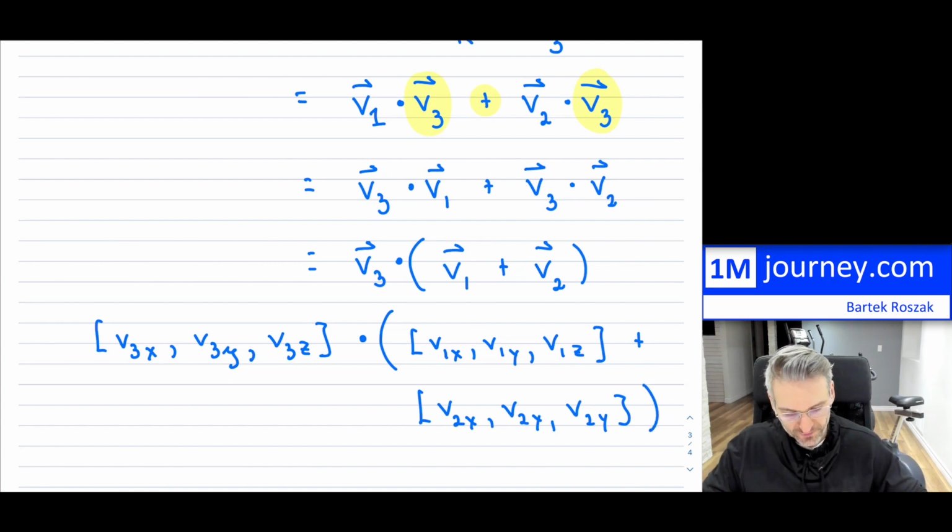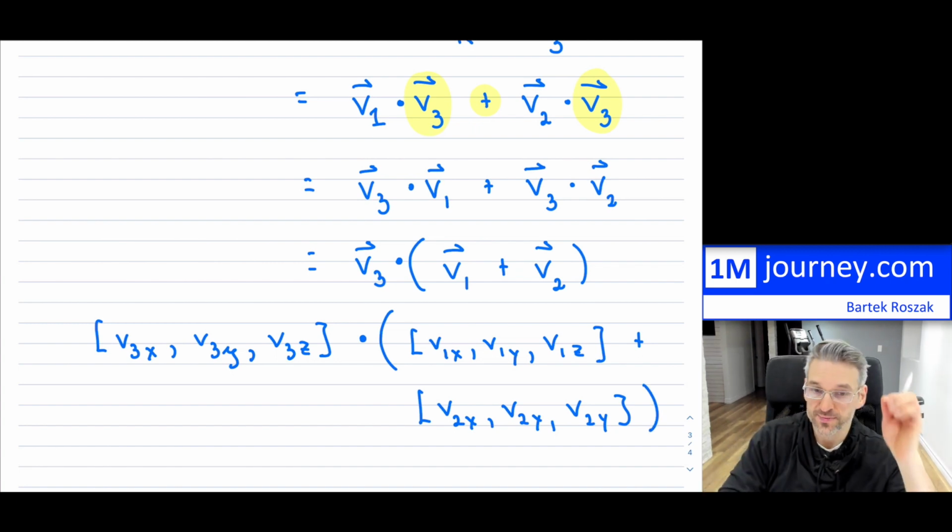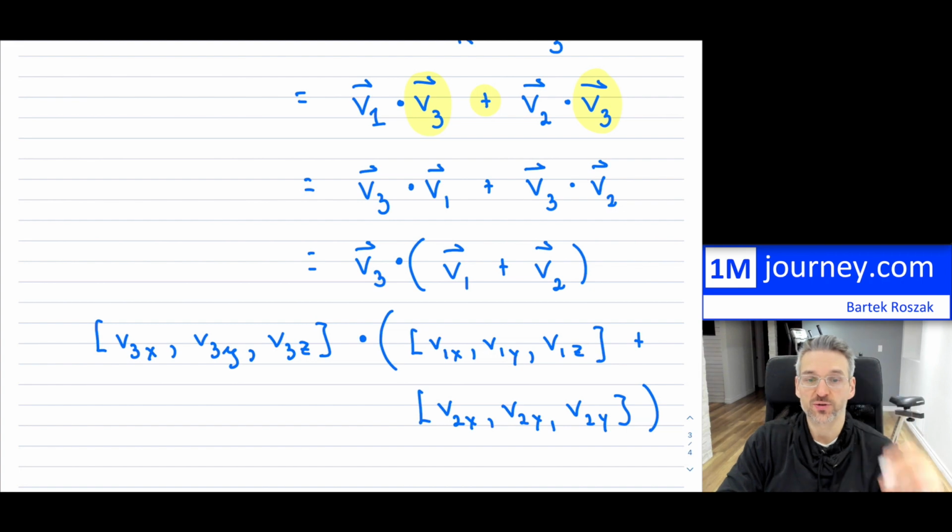So you can add those together. Once you do the addition of these, adding this to that, you're going to get a new vector, which is your resultant vector.